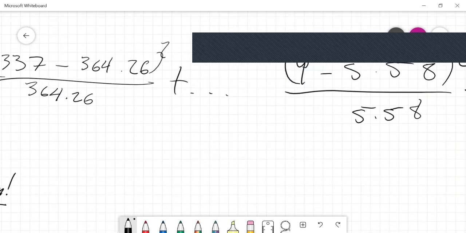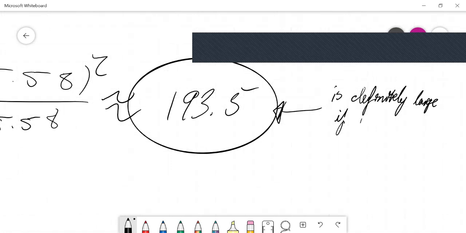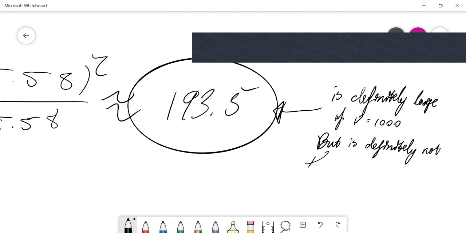This statistic value of 193.5 is definitely large if nu is, say, 1,000, but is definitely not that large if nu is, say, 1.